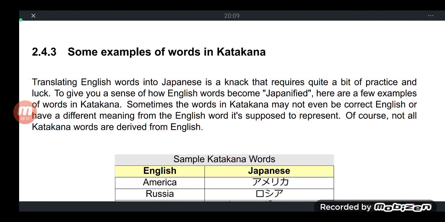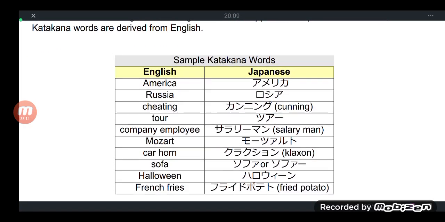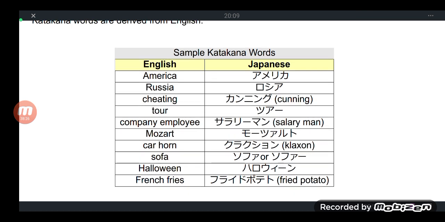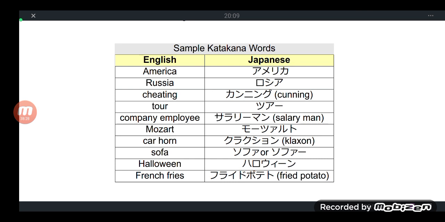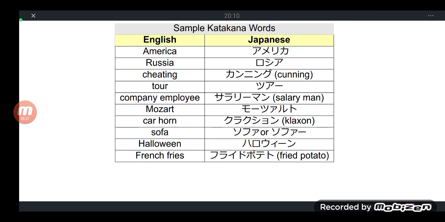Okay, some example words of katakana: America, Russia, cheating, company employee, salaryman, Mozart, car horn, crack, sofa, fried potato.